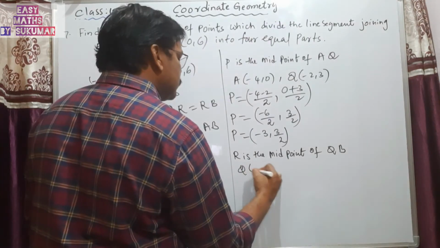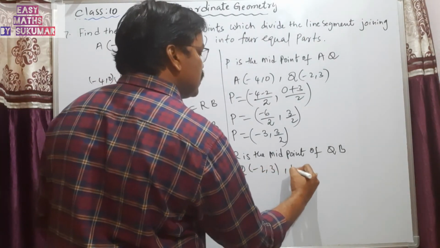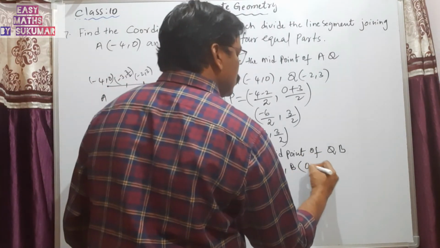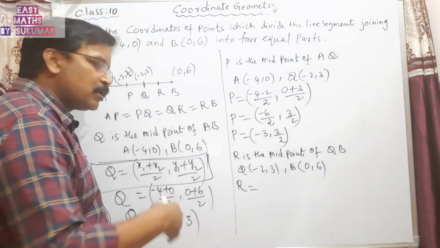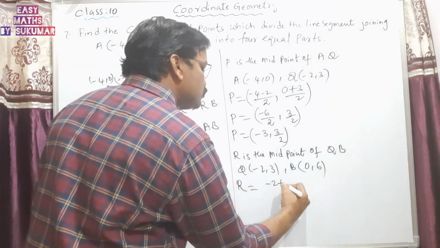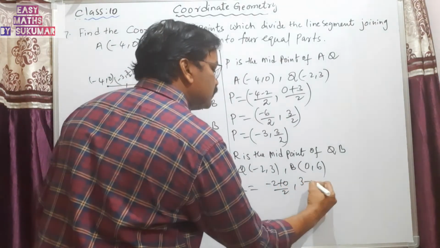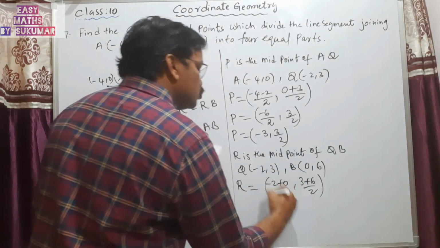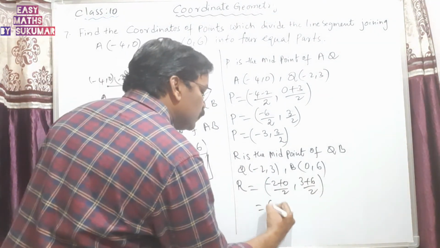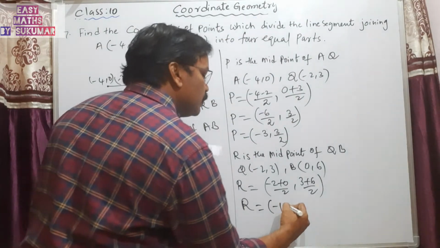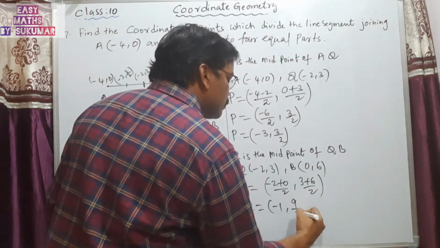Q is minus 2 comma 3 and B is 0 comma 6. So R is equal to the midpoint of QB, that means minus 2 plus 0 by 2 comma 3 plus 6 by 2. Minus 2 plus 0 is minus 2, minus 2 by 2 is minus 1. So this is minus 1 comma 3 plus 6 is 9 by 2.